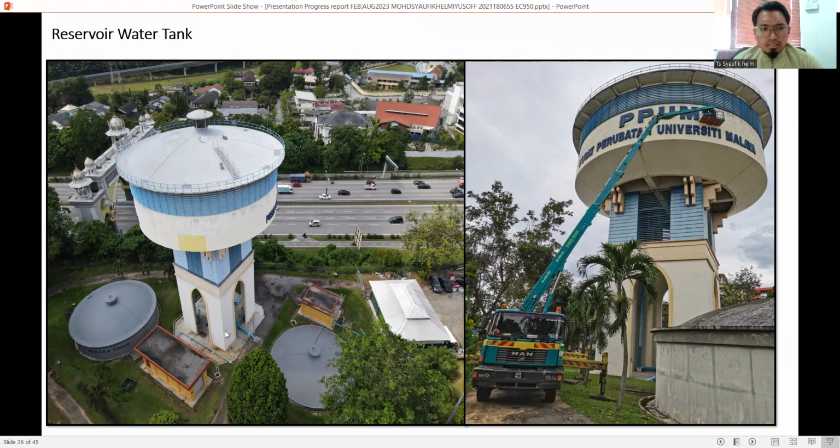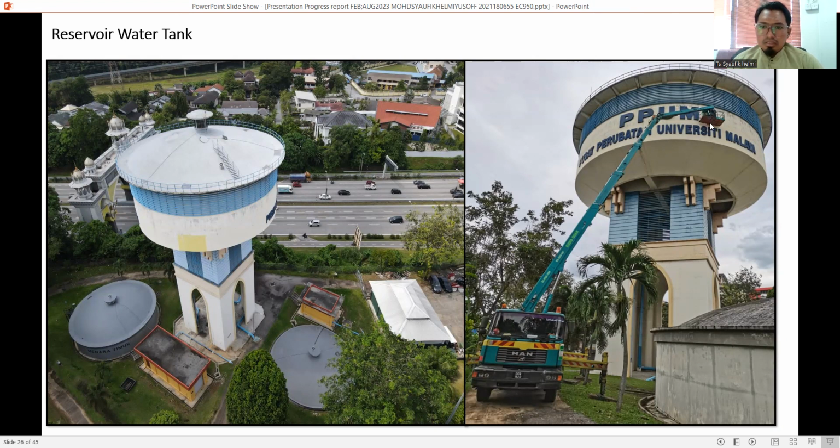Besides this, we use the drone to view the aerial level from the top of the reservoir, and we have ran the sky lift to reach 38.6 meters from the ground level to our location of the NDT testing.